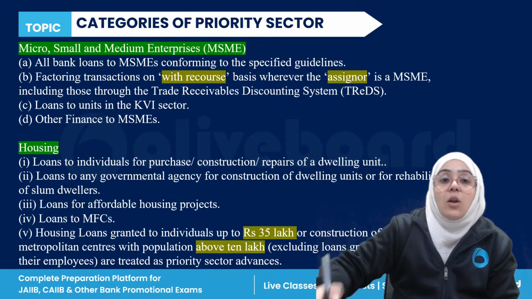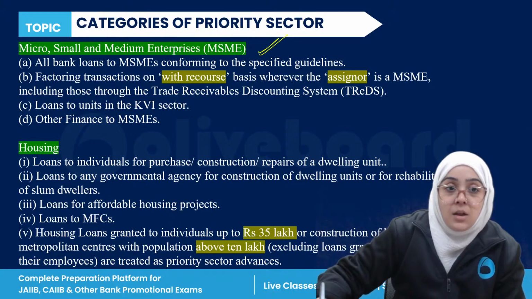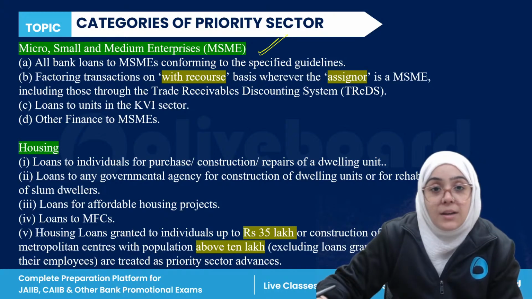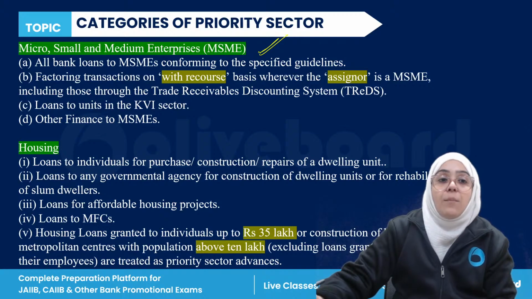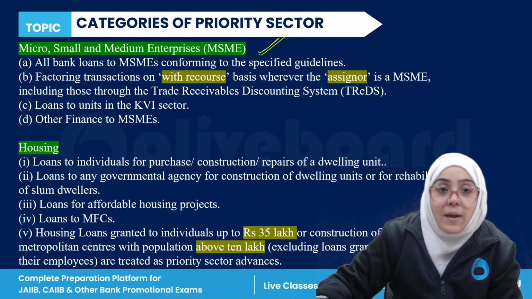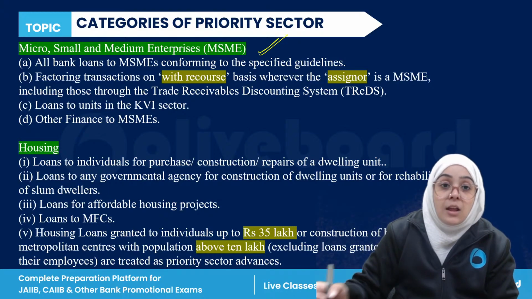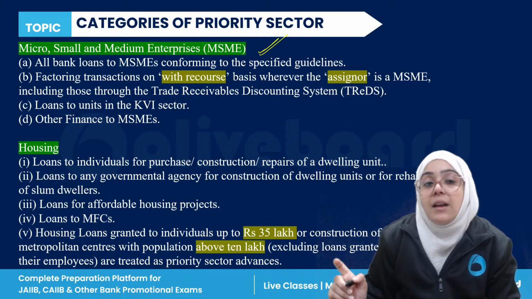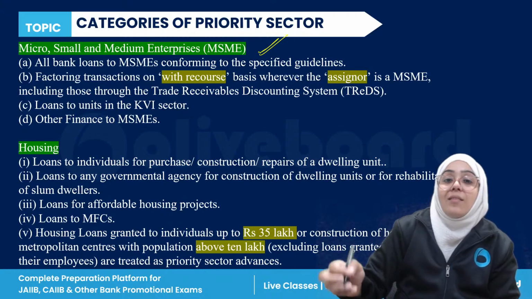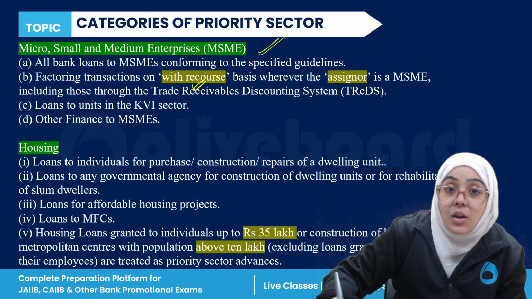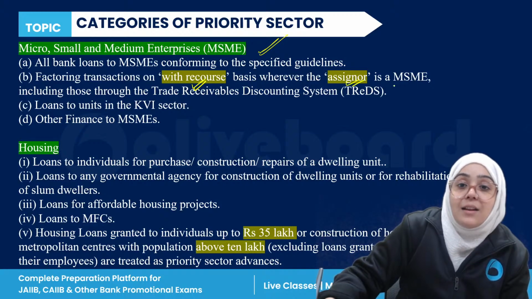Now, there are micro, small and medium enterprises, which is MSME. All bank loans to micro, small and medium enterprises that conform to the specified guidelines are included. Here the transaction is with recourse basis when the assignor is an MSME.